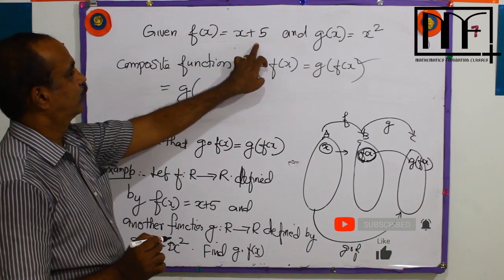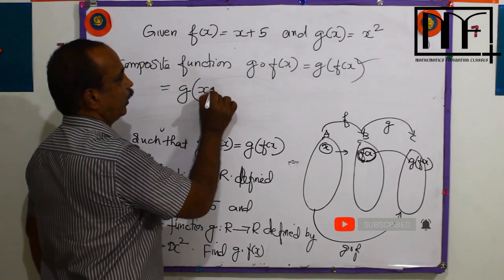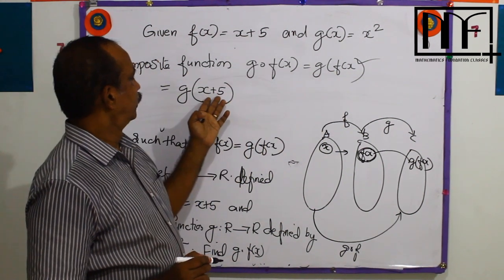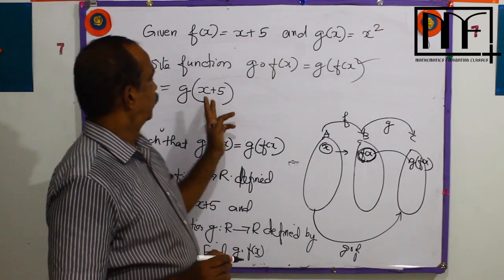What is f(x)? f(x) is x + 5. So g(f(x)) is g(x + 5).